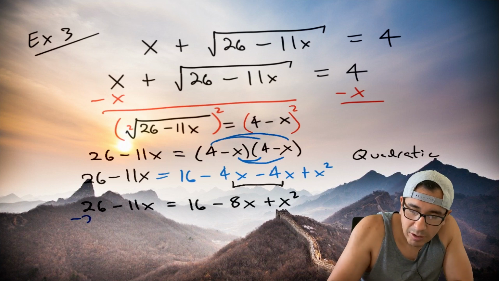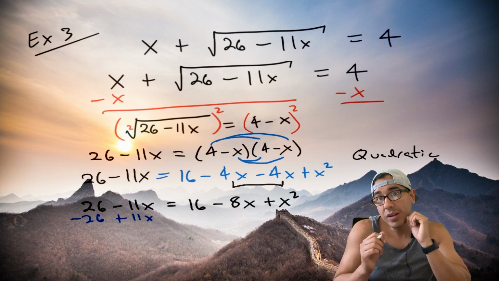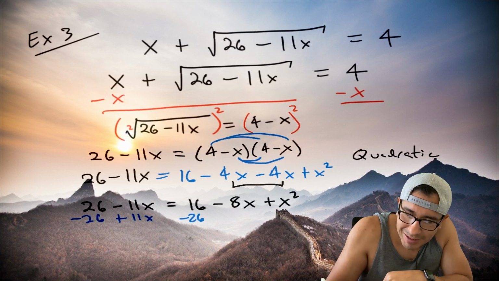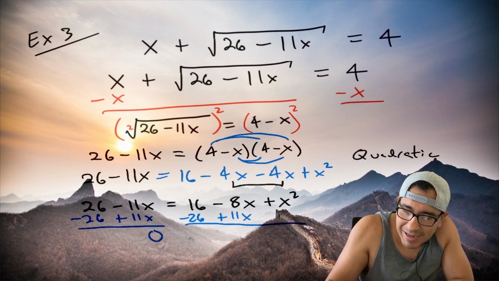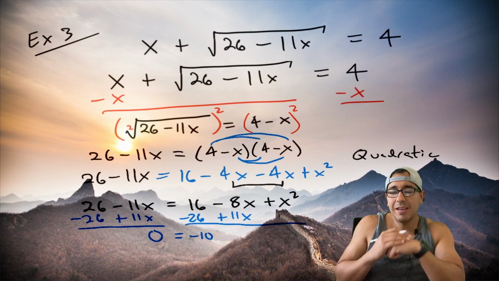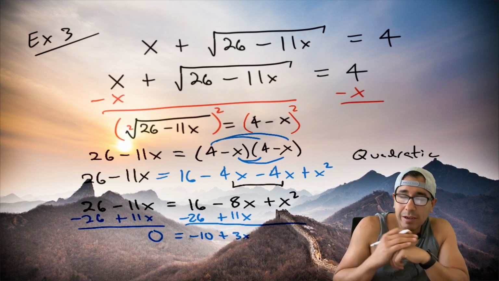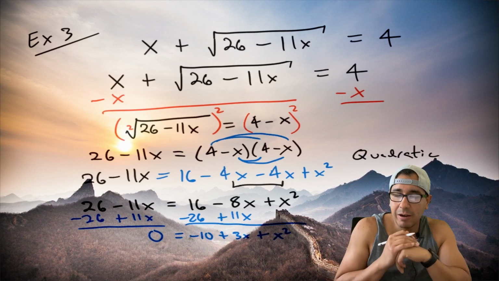So I'm gonna subtract 26 from both sides, and then I'm gonna add 11x to both sides because I wanna set one side equal to 0. So minus 26 and plus 11x. All right, so now I have one side equal to 0. So I get negative 10 there, positive 3x there, and plus x squared there.